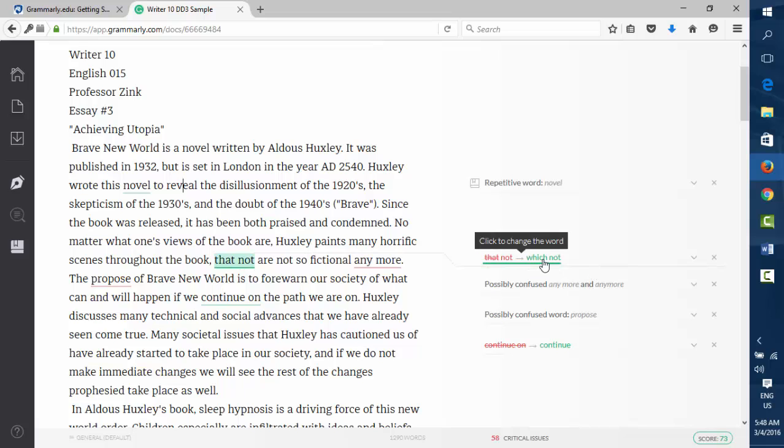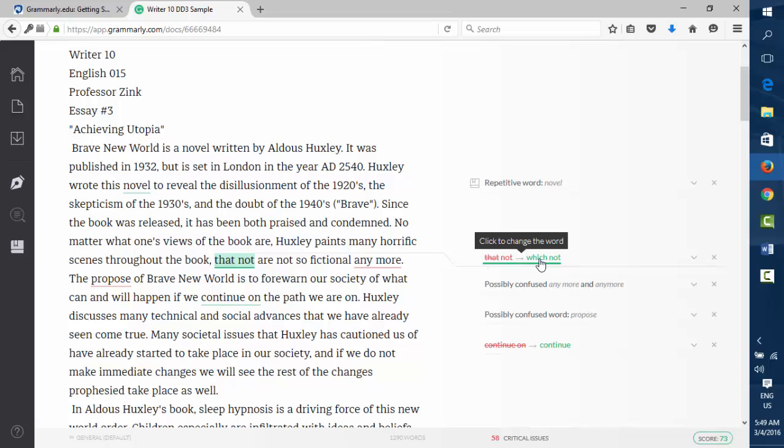Sometimes it'll say, okay, well, you could change this, and it'll give you shortcuts here, but don't necessarily think that it's going to give you the right choice. Again, this is a computer program. It's an algorithm designed to identify potential problems, and sometimes it's going to be right, and sometimes, more than likely, you are going to be the vehicle.